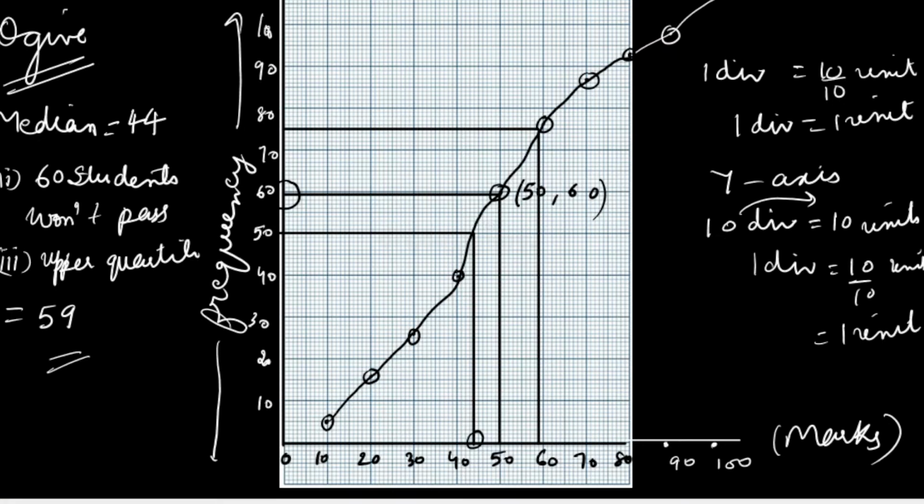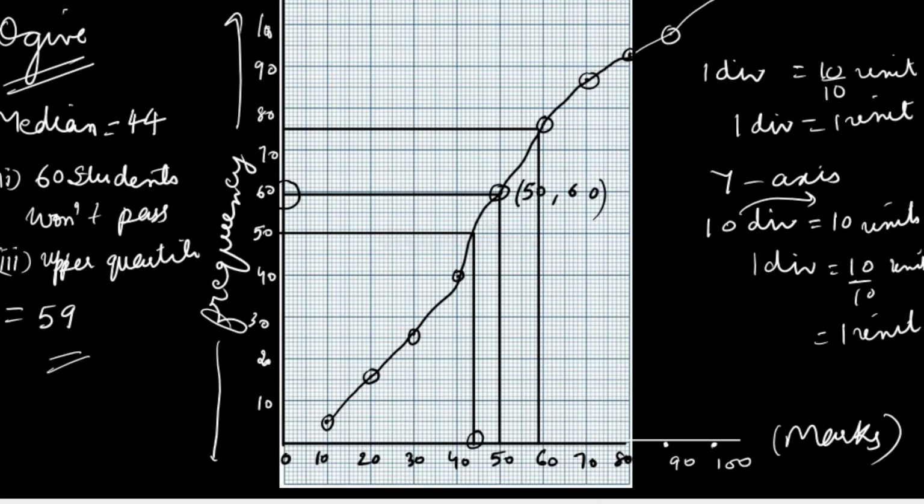Shall we continue? Because it's already 6. So we'll continue from the ninth question, the second part, in the next class. Till here, we have completed questions till ninth, all the parts. Ninth question, first part is done, and only one question is left now. Then this paper will be fully solved.